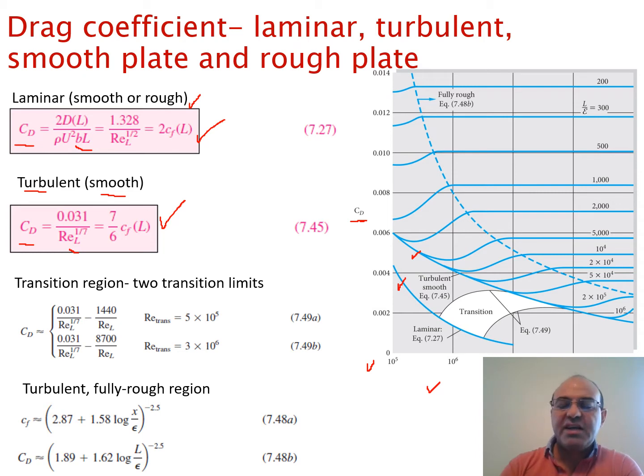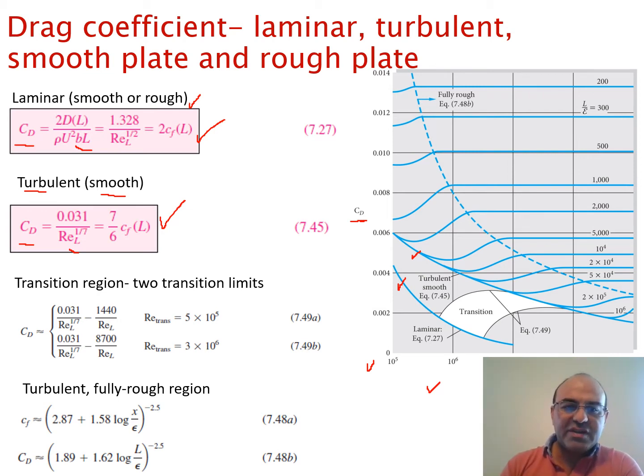It is just a function of the Reynolds number. In between, we have a transition region. Usually the transition region is an unknown region because the flow is highly unstable, and for design purposes we are either in the laminar flow region or the turbulent flow region.